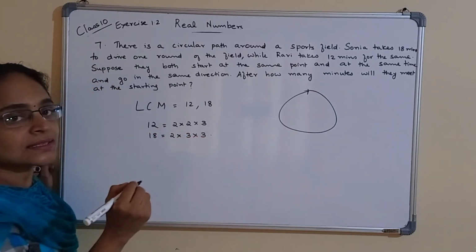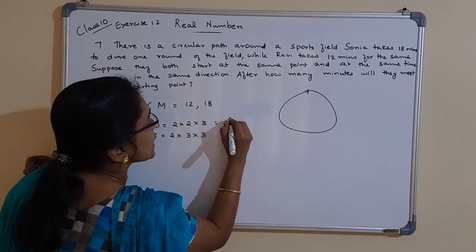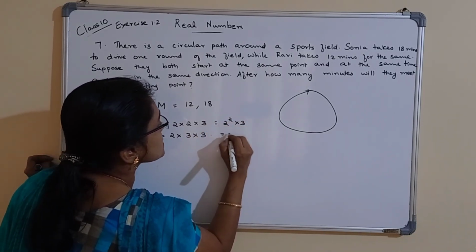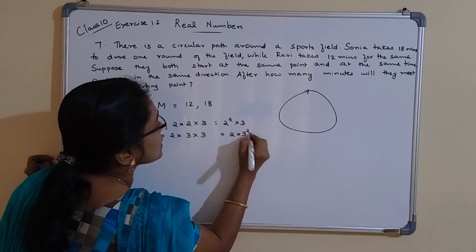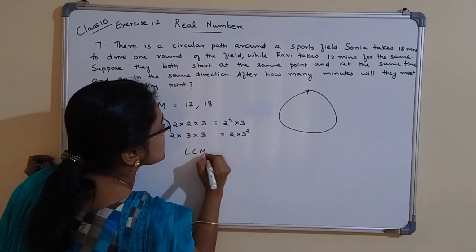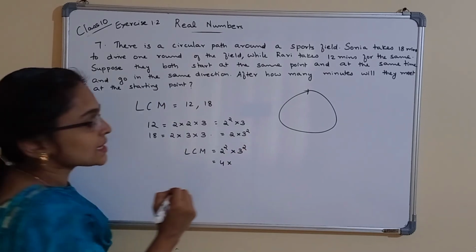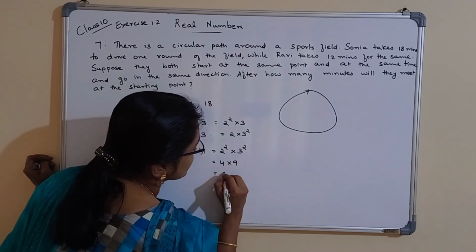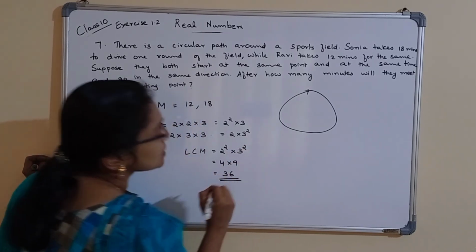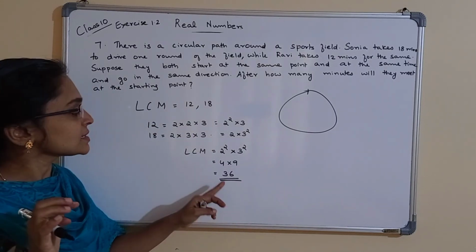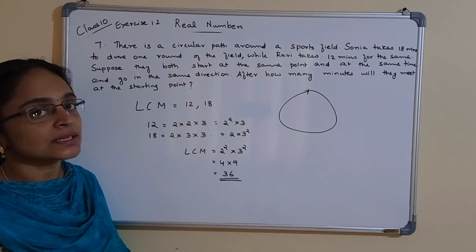So what is the LCM? This is 2 square into 3 and this is 2 into 3 square. LCM is equal to 2 square into 3 square, which is equal to 4 into 9 and that is equal to 36. So they will meet at the starting point after 36 minutes.